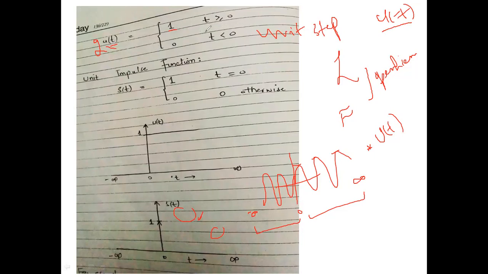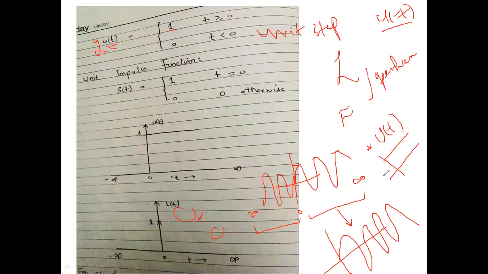For t greater than or equal to 0 its value is 1. By multiplying it with this you will get the solution in this portion only, because of u(t). So it can be used for the purpose of filtration.